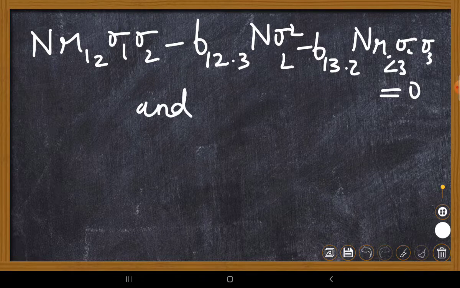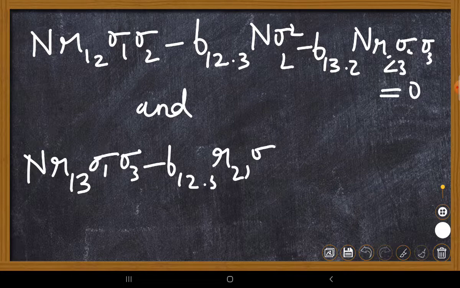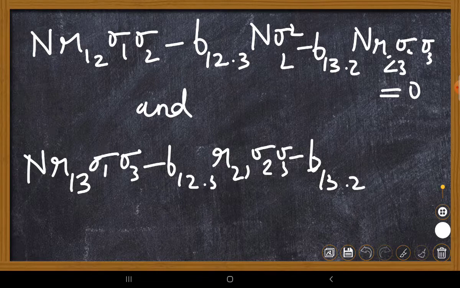And your second normal equation will be what? It will be n r13 sigma 1 sigma 3 minus b12.3 r23 sigma 2 sigma 3 minus b13.2 sigma 3 square equal to 0, okay?